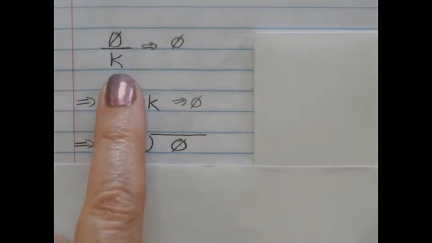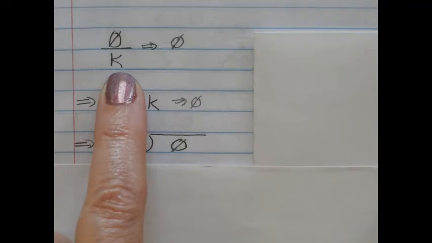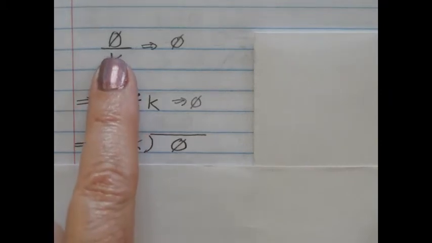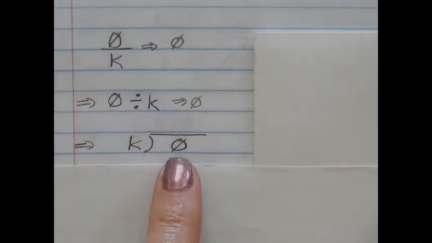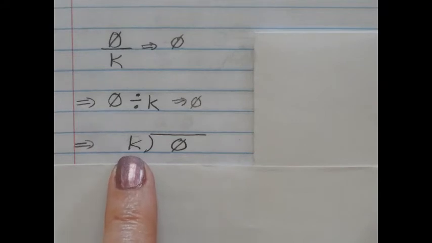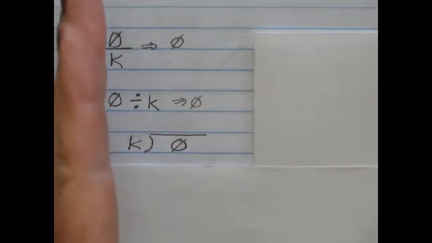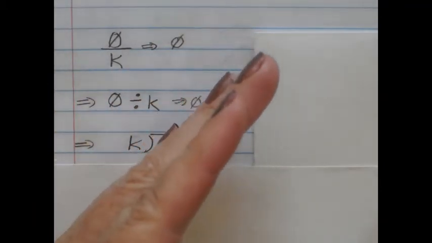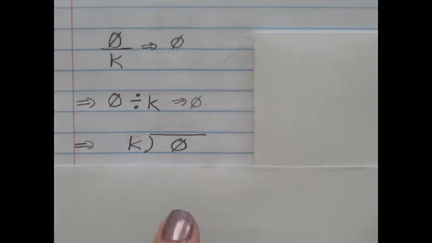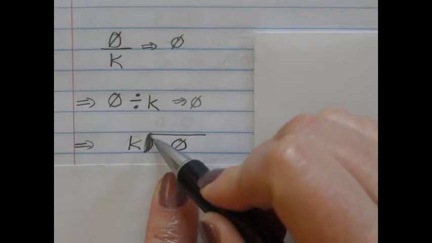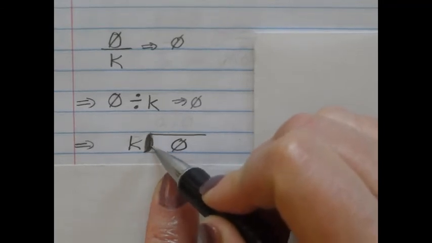Another way to see 0 over k in division format is to write it in terms of long division, like so. Again, you read this as 0 divided by k. Whenever you have fractions, if you were to let them fall like a tree, you would end up with 0 inside. And you could think of this as the division sign instead of the curve sign that we're used to.